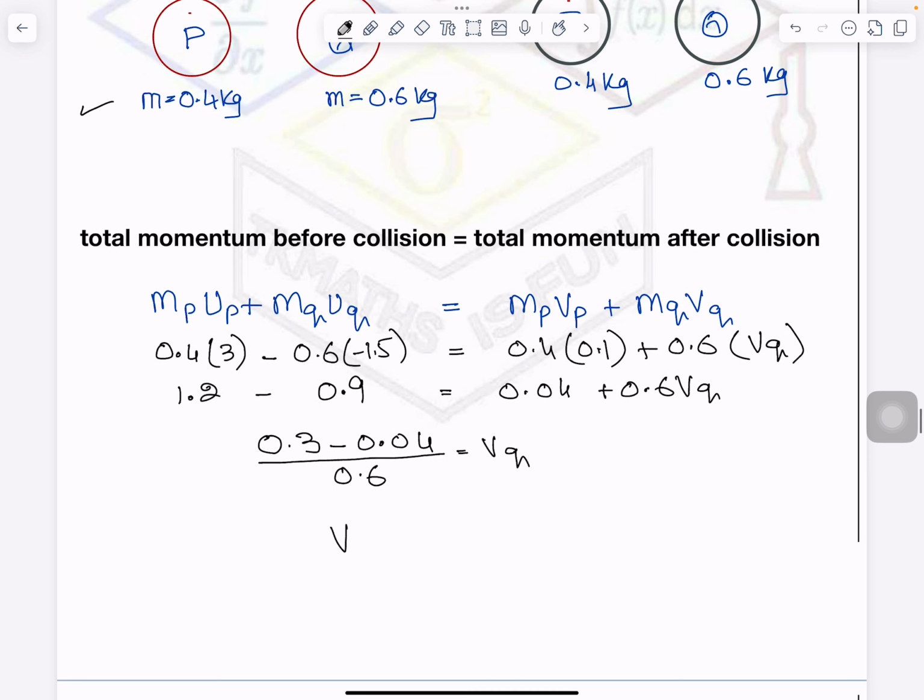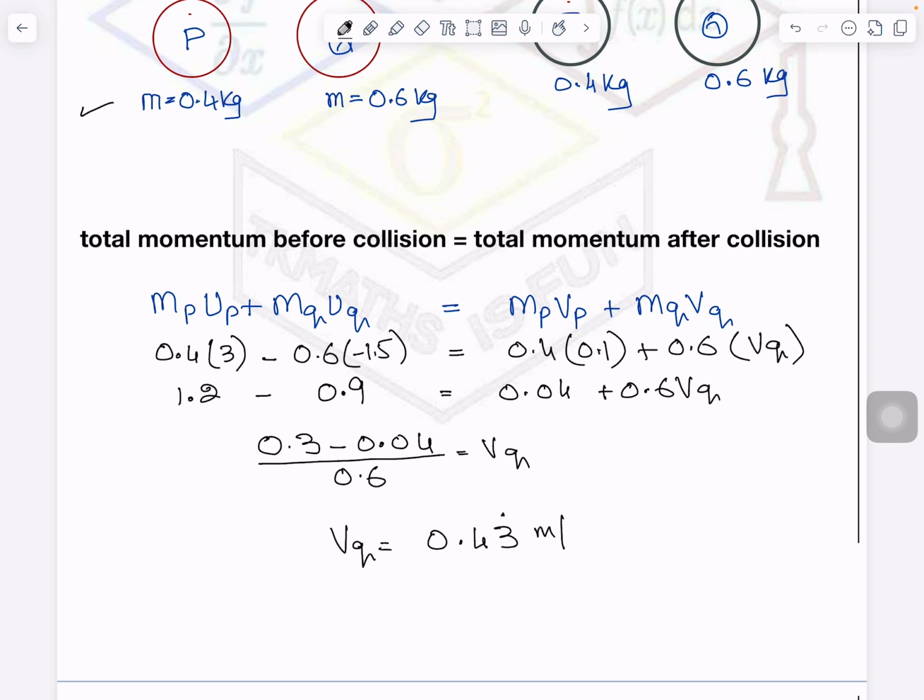The final answer is 0.333. Or if you have to show it in 3 significant figures, you can write it like this. Usually we write the dot after the first digit, so it's better to follow the same procedure. So this is meters per second.